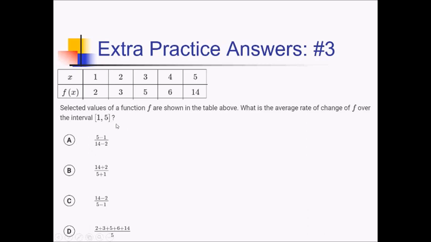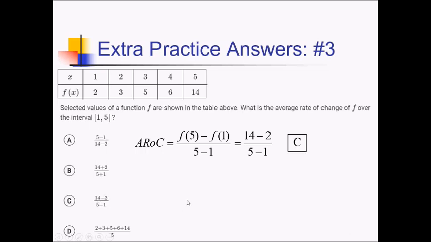So for this particular problem, we're going to be doing f of 5 minus f of 1 over 5 minus 1. And f of 5 in the table, just looking that up, that's 14. f of 1 is 2, so we have 14 minus 2 over 5 minus 1. We could simplify it, but one of the answer choices is just that. So we're just going to stop and pick answer choice C.